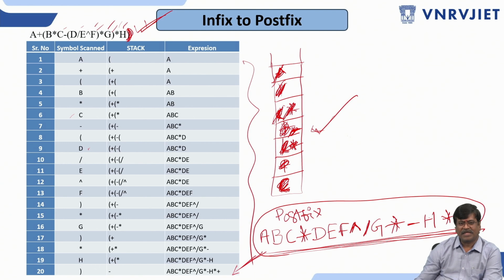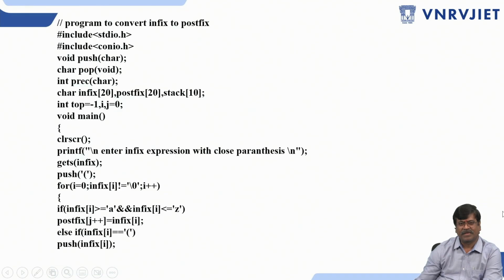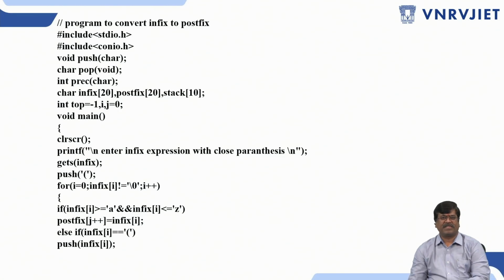Here I am going to explain how we can write the code for this conversion of infix to postfix. Here I am defining the infix expression as a string because I have operands and operators, and I am taking the postfix and one stack of character data type because I need to push all the symbols into the stack.